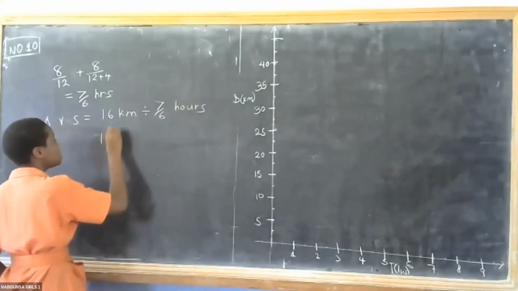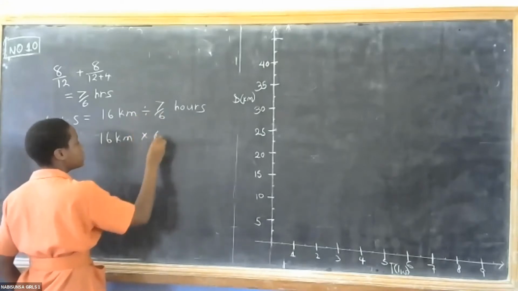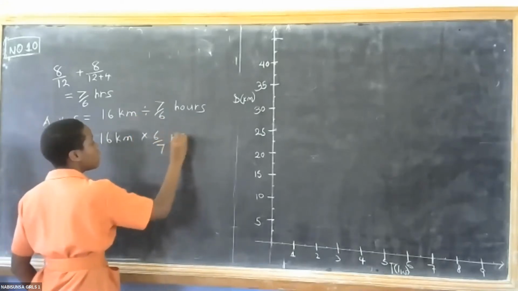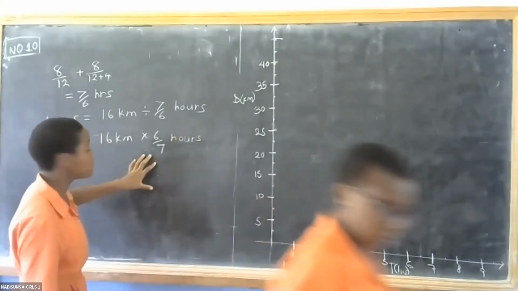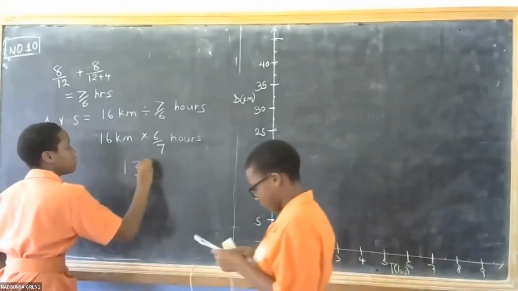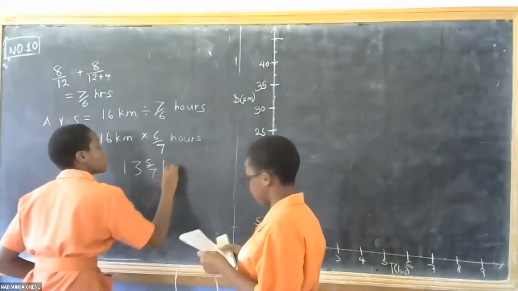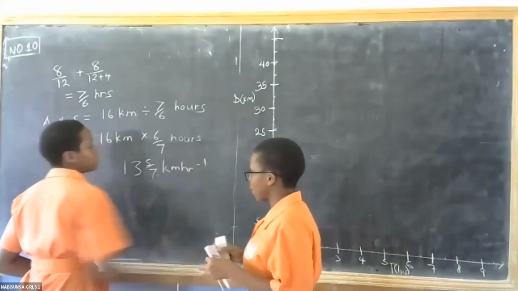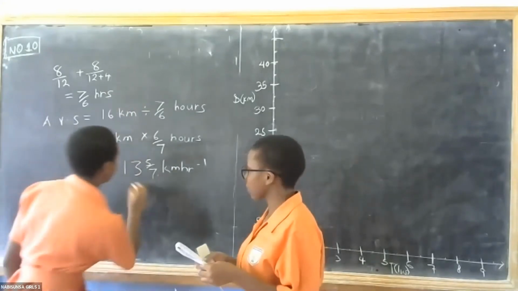So that will be 16 kilometers, you multiply, get rid of the division sign, by 6 out of 7 hours. So this will give you 13 and 5 out of 7 kilometers per hour. This was the average speed of the whole journey, uphill and downhill.